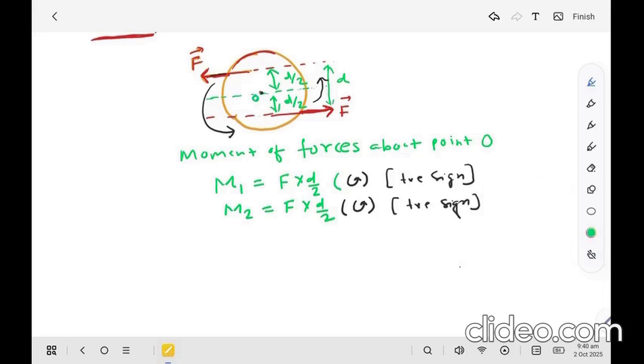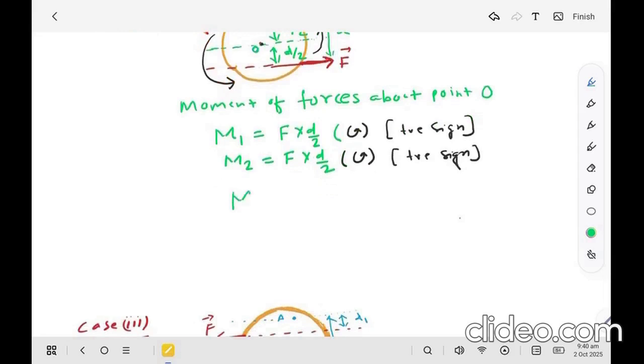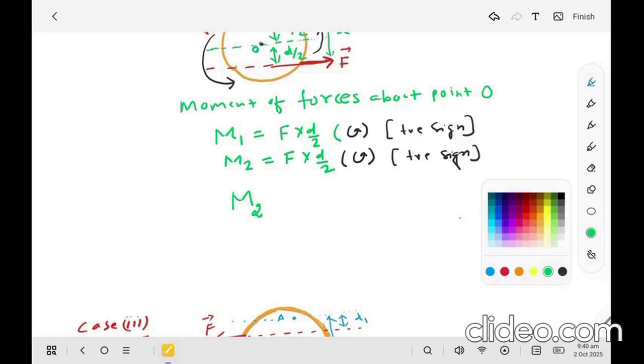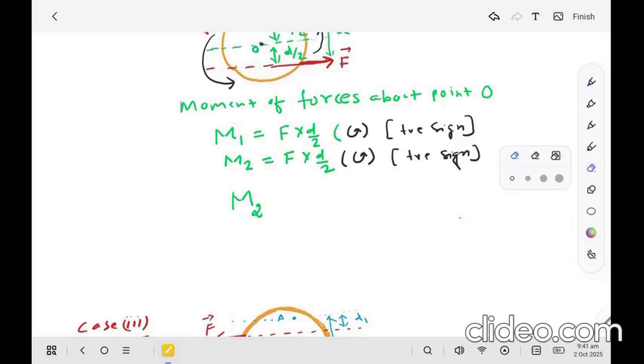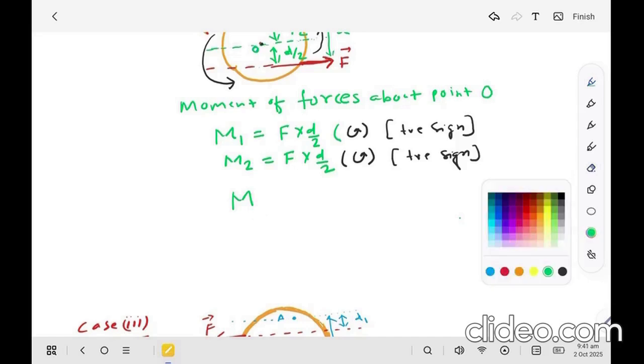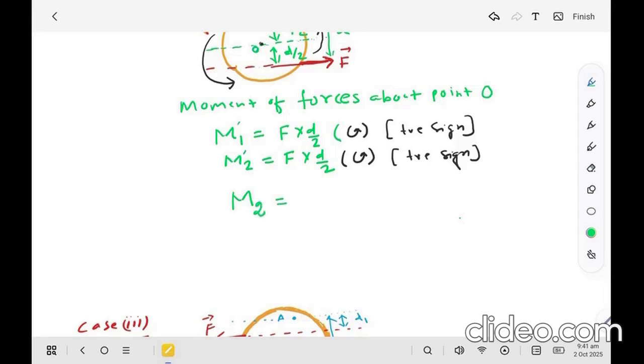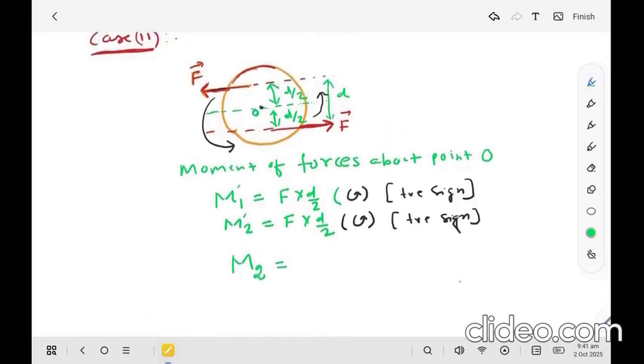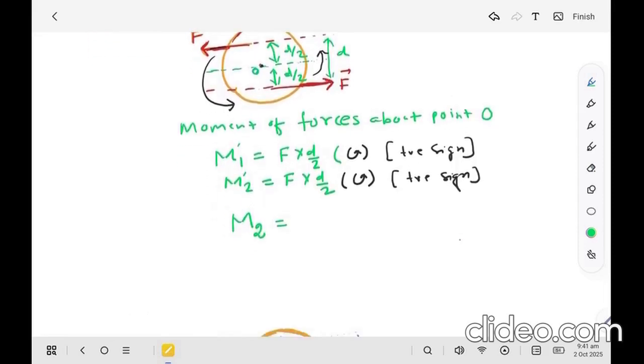So the net moment. I can write m1 prime and m2 prime. M2 means case 2, the net moment of forces in case 2 is m1 prime plus m2 prime.